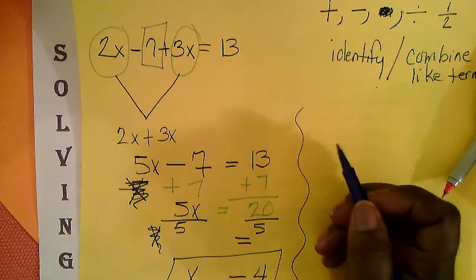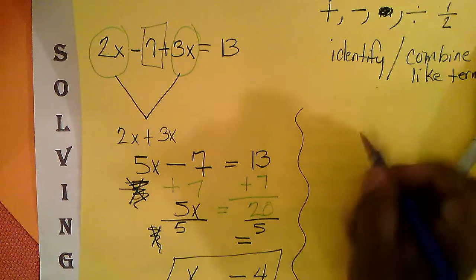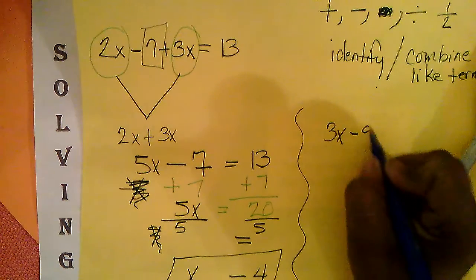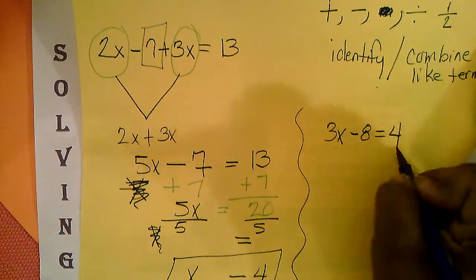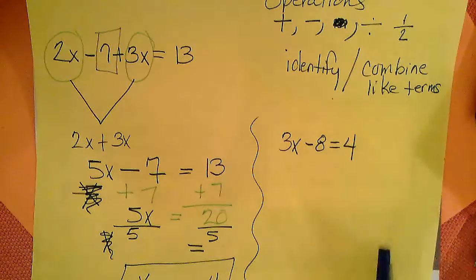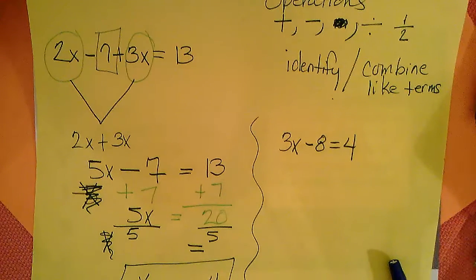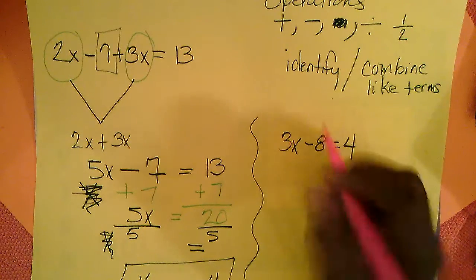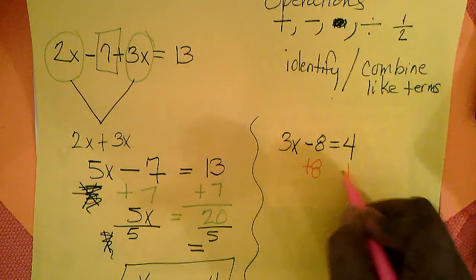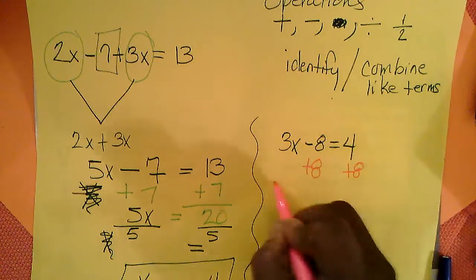All right, looking at number 1. Number 1 says 3x minus 8 equals 4. Okay, that looks simple enough. A basic two-step equation. So first thing we're going to do is add 8. If we add 8 on that side, we're going to add 8 on this side.